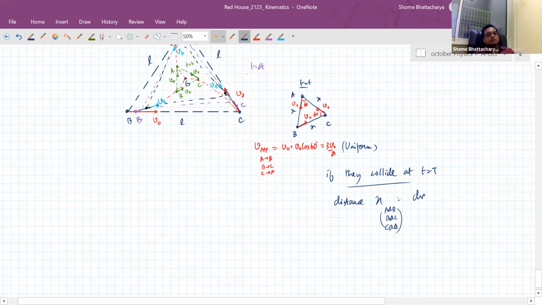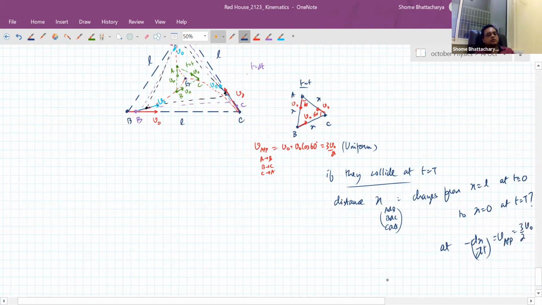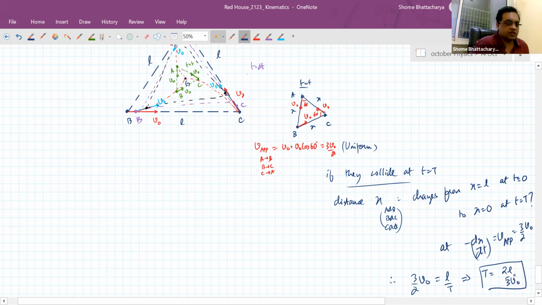This x has changed from x equal to L at t equal to 0 to x equal to 0 at t equal to capital T at a constant approach velocity of 3 by 2 v naught. So therefore, 3 by 2 v naught should be equal to L by T. Now the time taken should be equal to 2L by 3 v naught. Okay, people, so this is a very specific type of application of the concept of relative approach velocity.